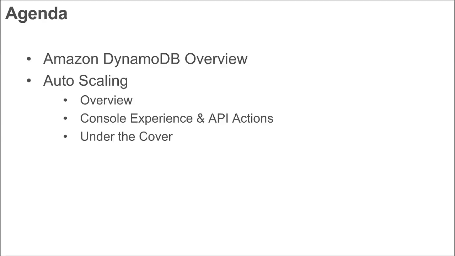And we'll look at how you experience that from the DynamoDB console, as well as control it programmatically. And finally, we'll close with how autoscaling works under the cover and how it's been implemented, something for you to know as a best practice. And then the key tips and tricks in getting the most out of autoscaling as you think about leveraging the feature for your applications.